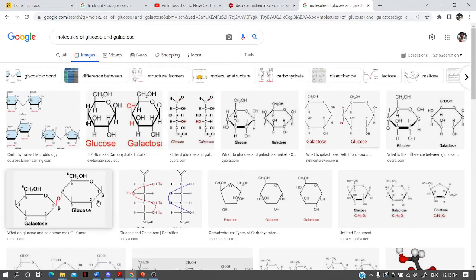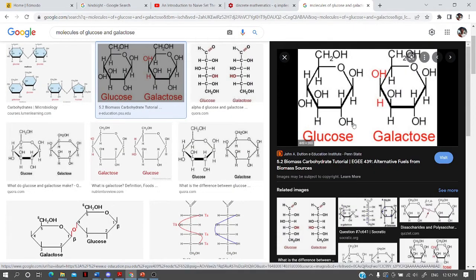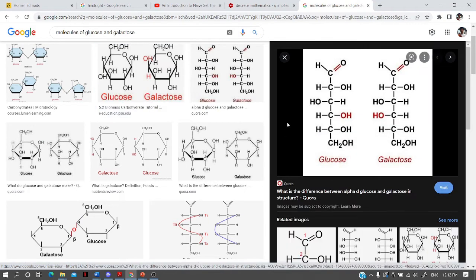As you can see here, we have the cyclic analogs. We have our glucose and our galactose.